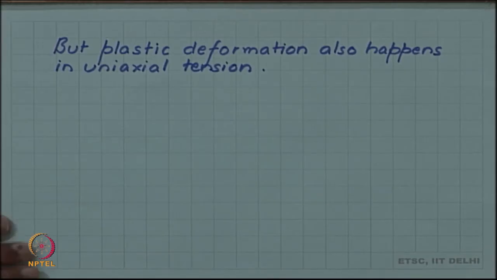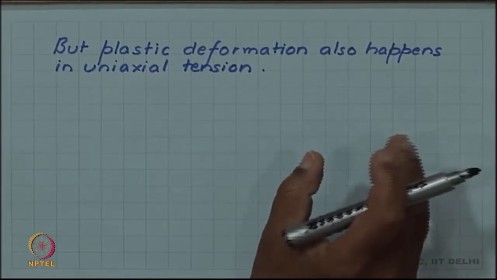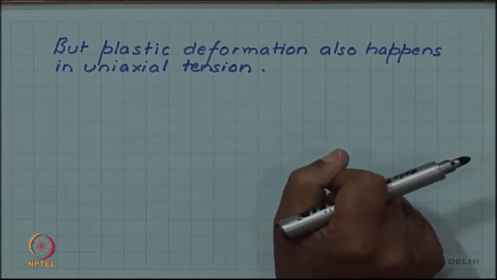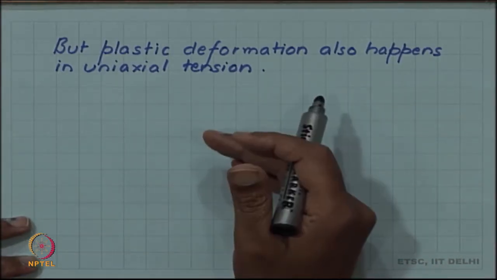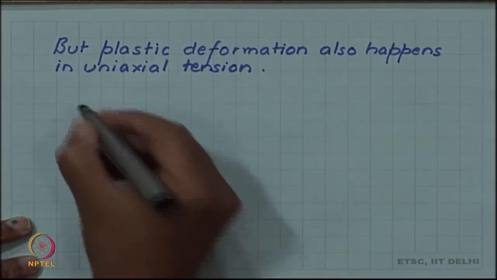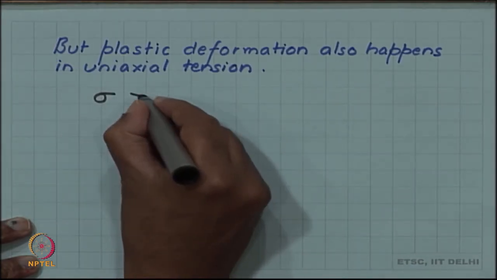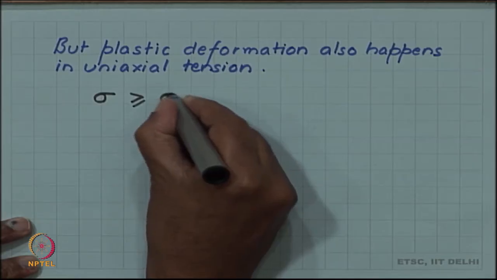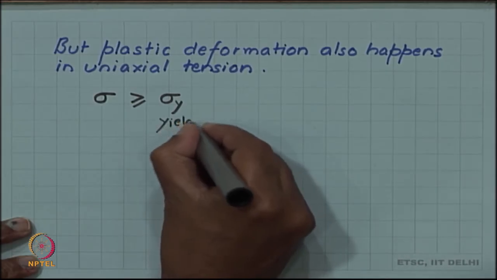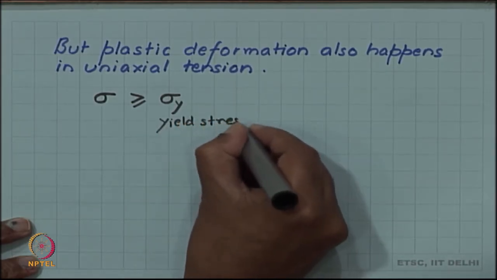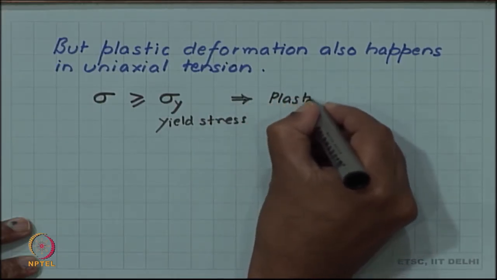In the beginning of this chapter, we discussed the uniaxial tensile test as an important test for deriving the mechanical behavior of the material, and there we saw that initially the material deforms elastically, but when the tensile stress reaches a critical value called the yield stress sigma y, then plastic deformation happens in uniaxial tension.